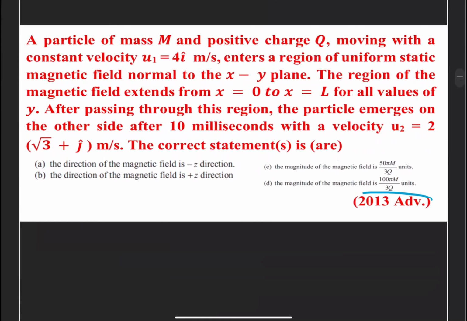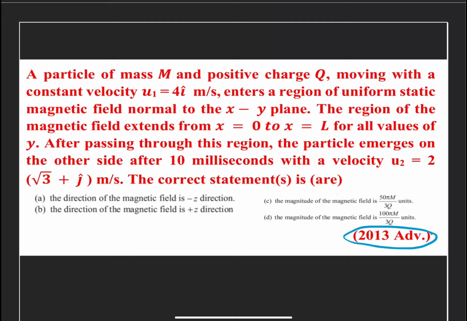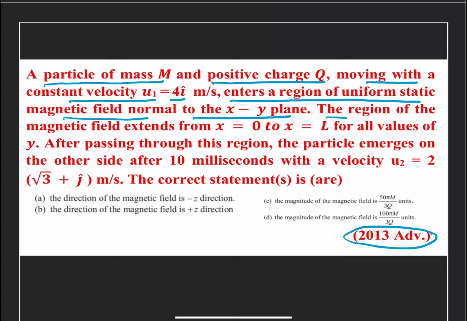2013 as an advanced question, and it says that a particle of mass m and positive charge q moving with a constant velocity u1, that is 4i unit vector, enters a region of uniform static magnetic field normal to the xy plane. The region of the magnetic field extends from x equal to 0 to x equal to L for all values of y.